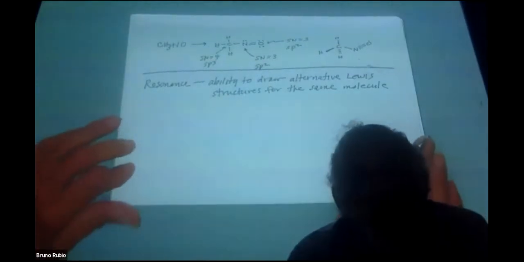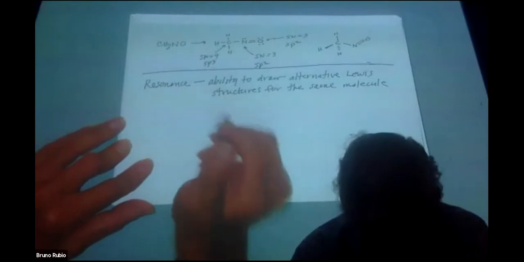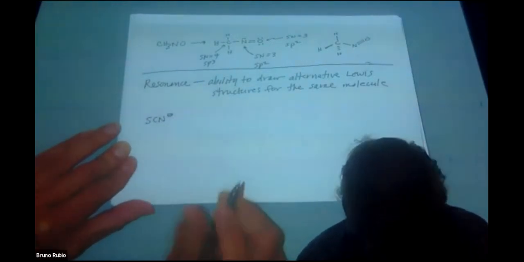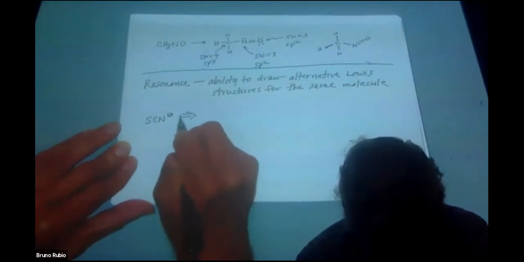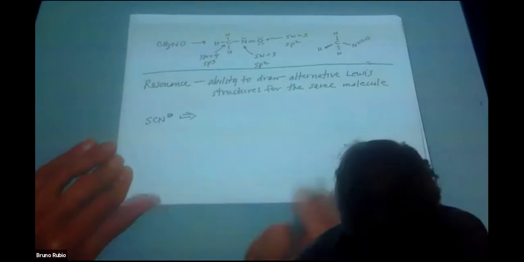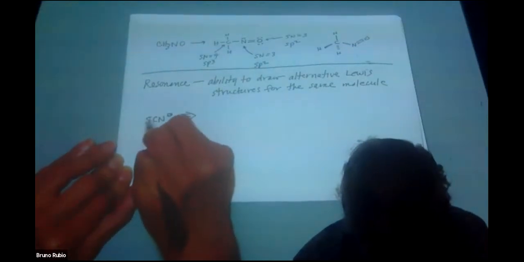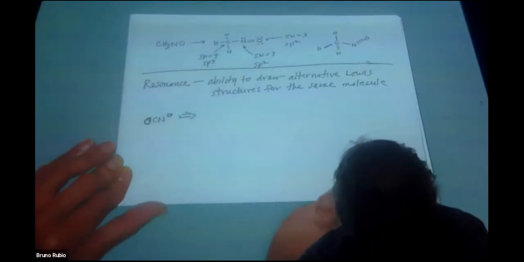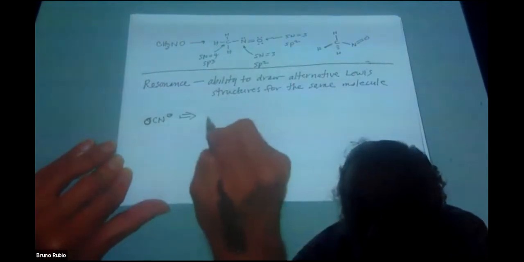Okay, so if we can imagine the thiocyanate ion, and so that is SCN minus, right? Carbon is the central atom. And so if I wanted to draw a Lewis structure of SCN, what I could do, oh, okay, instead of SCN, let's do OCN. Yeah, OCN minus, right? Because just oxygen is more important.